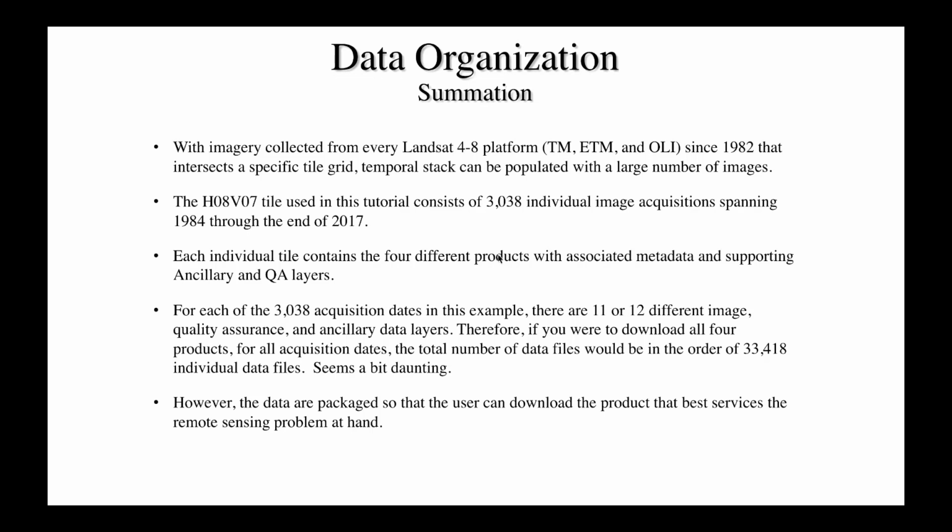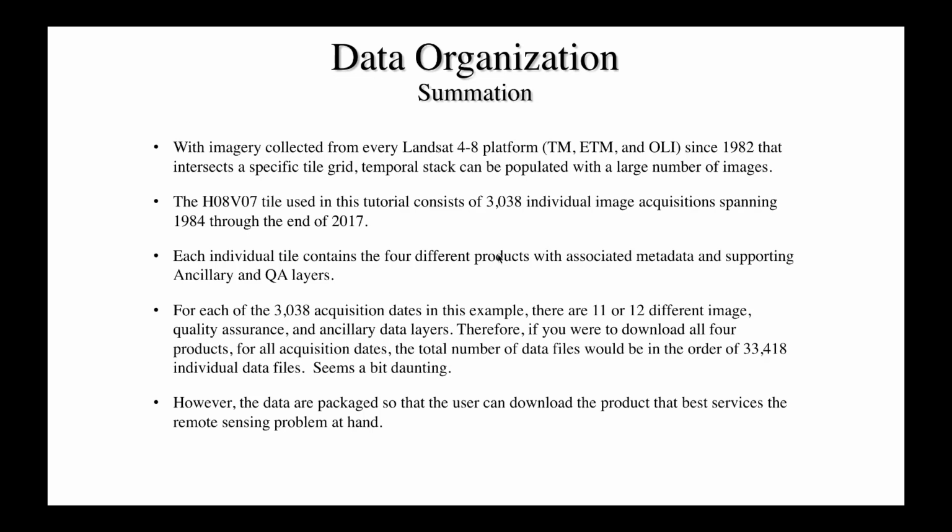For this particular grid that I looked at, H08 V07, we have 3,038 individual images. So 3,038 individual surface reflectance, 3,038 individual top of atmosphere, and so forth. The other tiles I've downloaded have approximately the same number of individual images per collection.